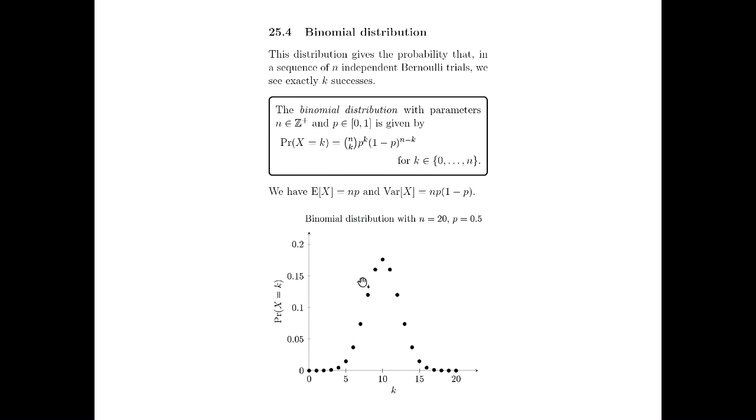This is what a binomial distribution with p equals 1/2 and n equals 20 looks like. What does this remind you of? So it's sort of like a normal curve or a bell curve. There's actually two reasons why it's not like a normal curve or a bell curve.